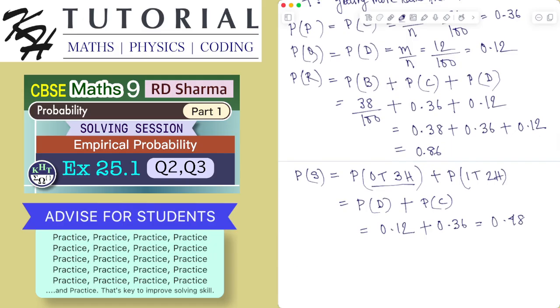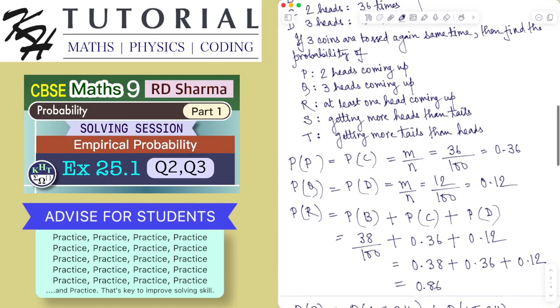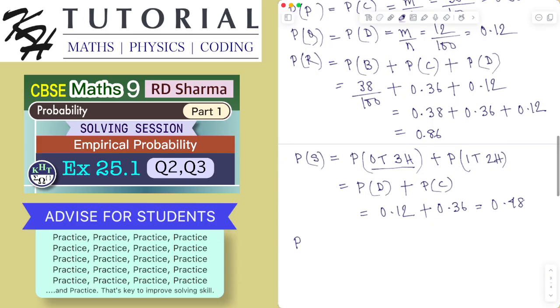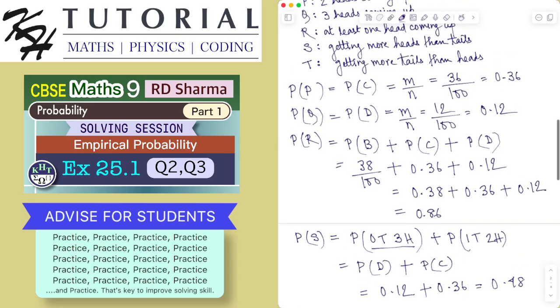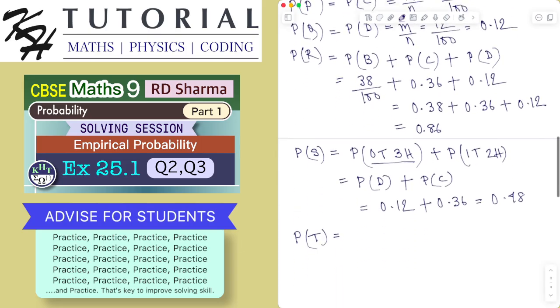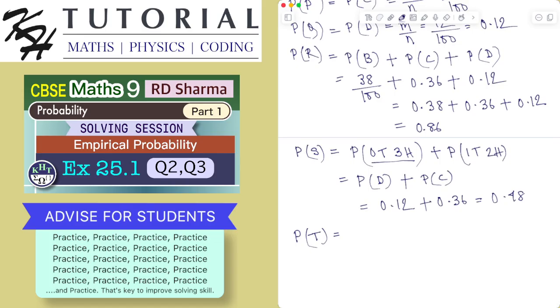Okay, let's see the last event T. Probability of T. What is event T? Getting more tails than heads. So I can have the event 0 head, obviously there will be 3 tails. So the probability of the event 0 head 3 tails plus probability of 1 head and 2 tails.